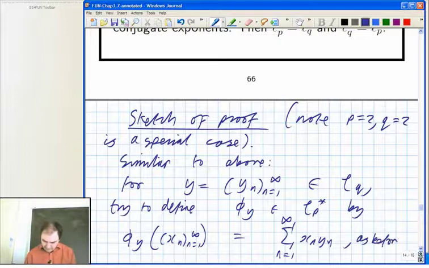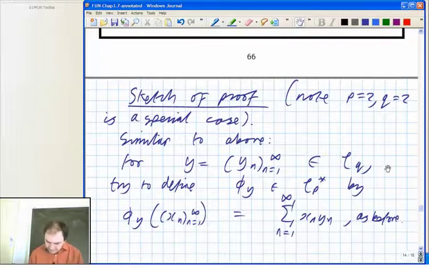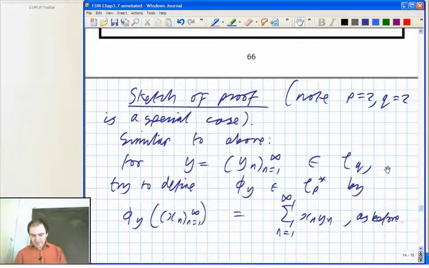Now it turns out that if y is in lp and x is in lq, then this works.